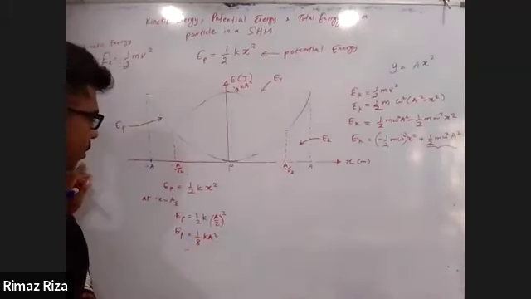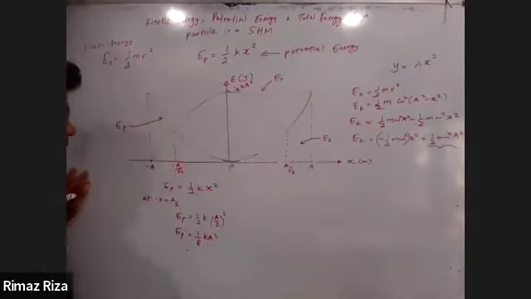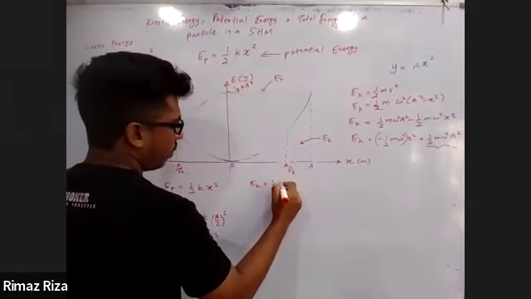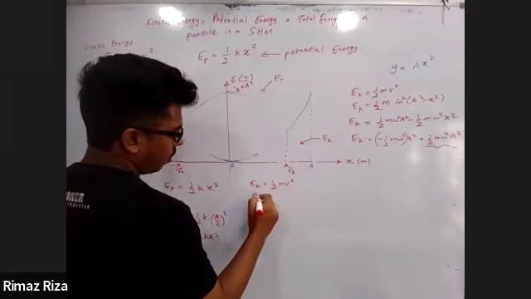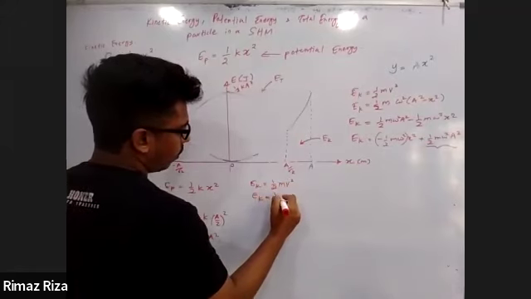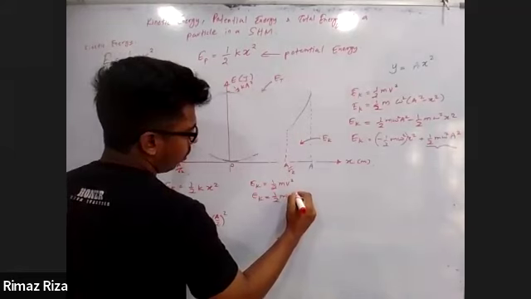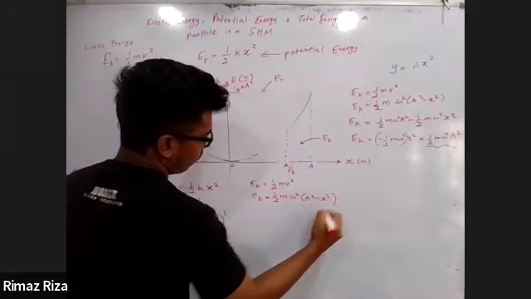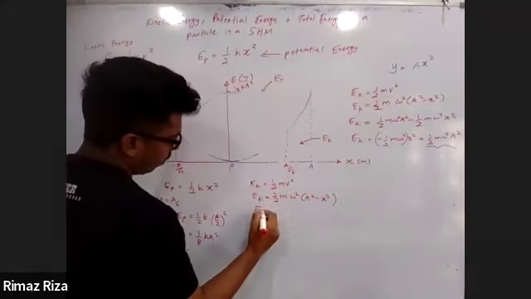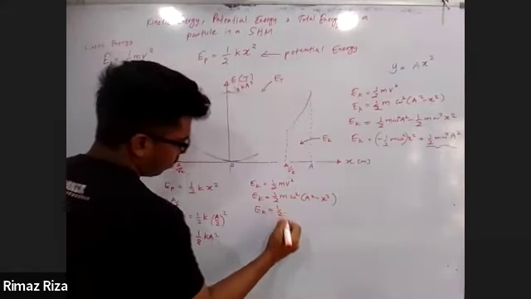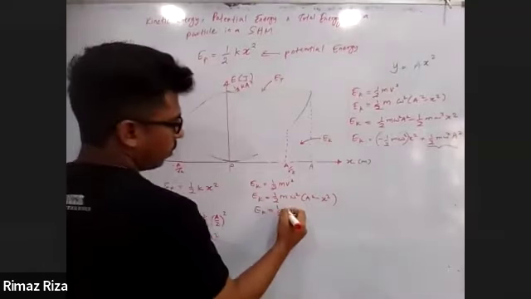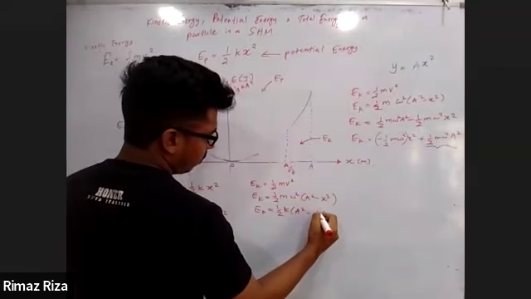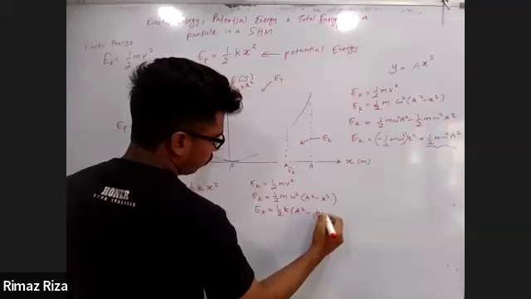Very good. And then we want to find the kinetic energy Ek. That's half m v squared. And we know v squared is given by omega squared times a squared minus x squared. So Ek is equal to half m omega squared, which is k, times a squared minus x squared, with x equal to a over 2.